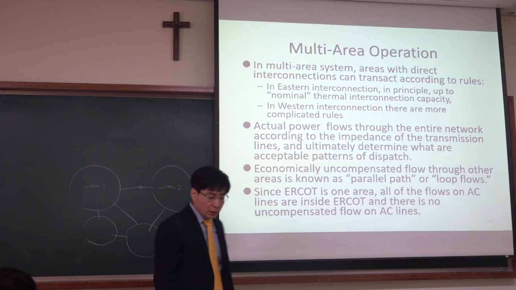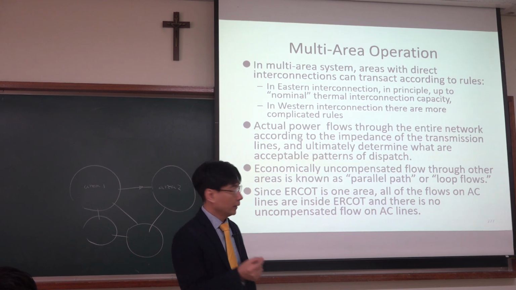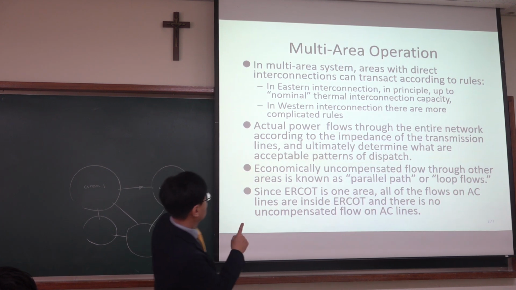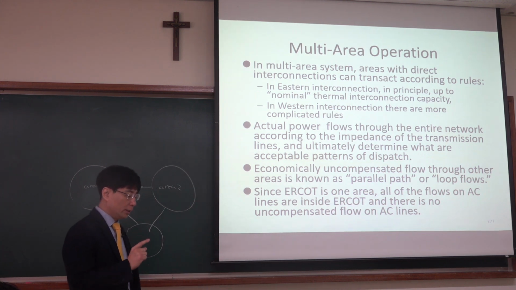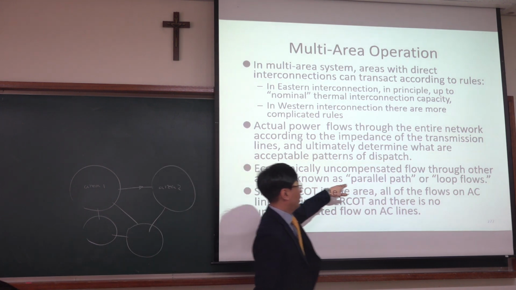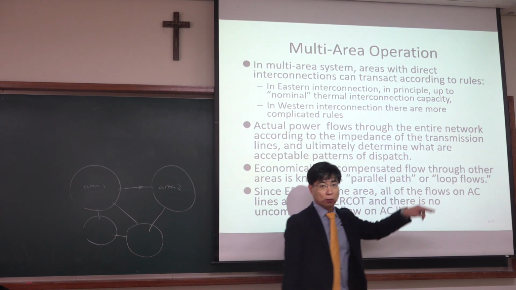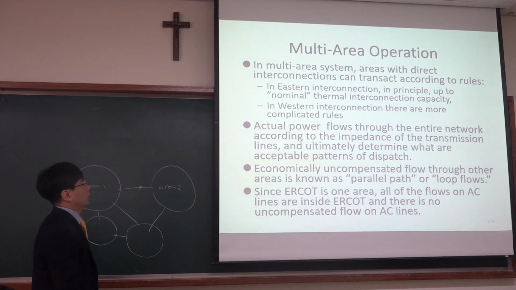So sometimes we have undesired or unexpected power flows. That kind of undesired or unexpected power flow is called parallel path or loop flows. So this is not what we originally intended.